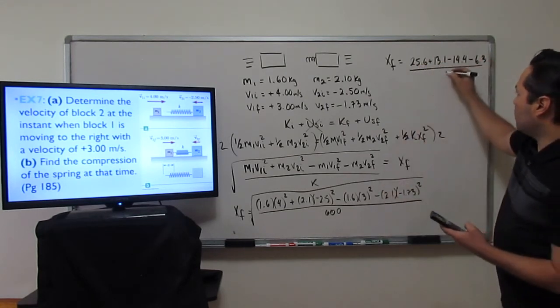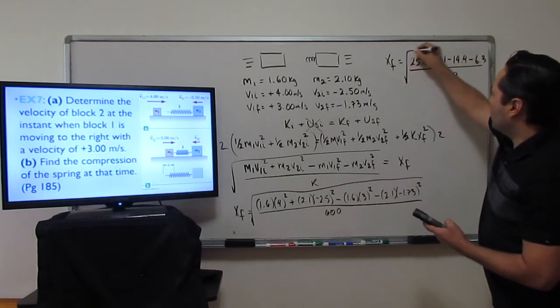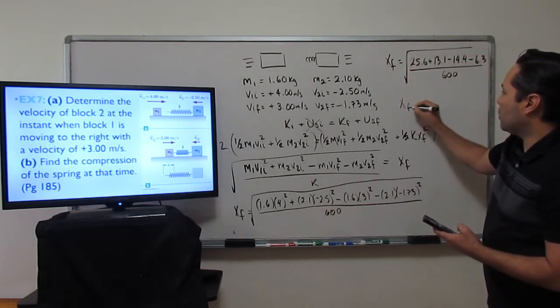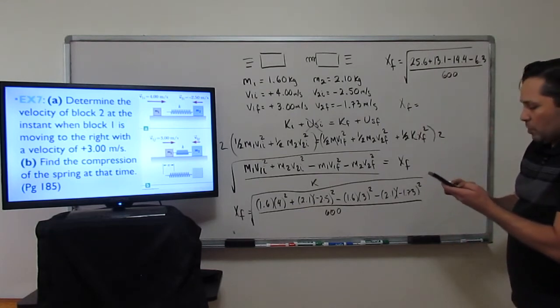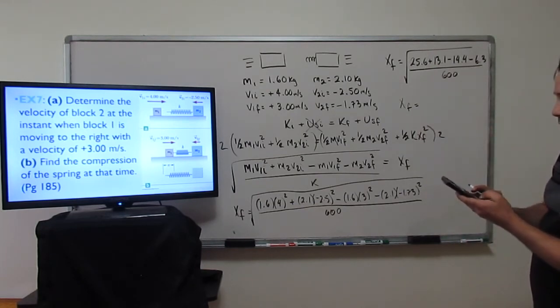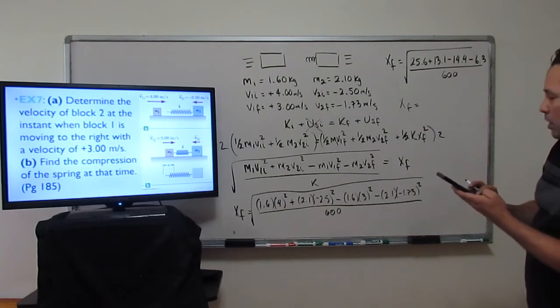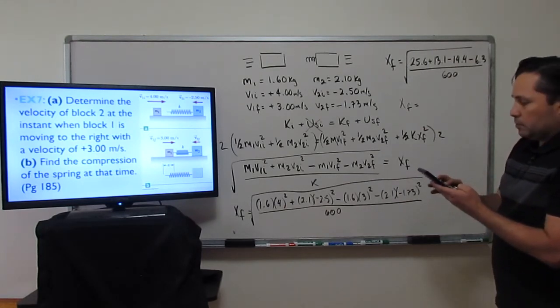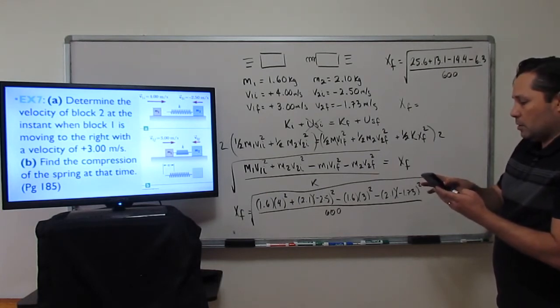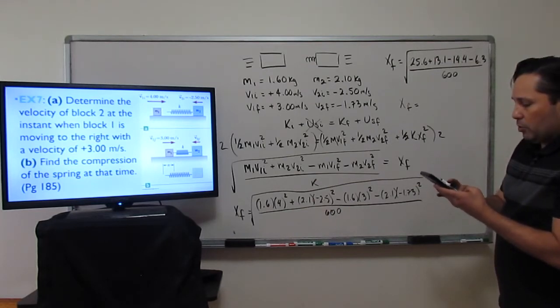All of it divided by 600. And again, we have to square root it. So our final answer is going to be the numerator divided by 600 and then square root it. It's going to be 25.6 plus 13.1 plus 14.4. I'm sorry, that's a minus. 14.4 minus 6.3.